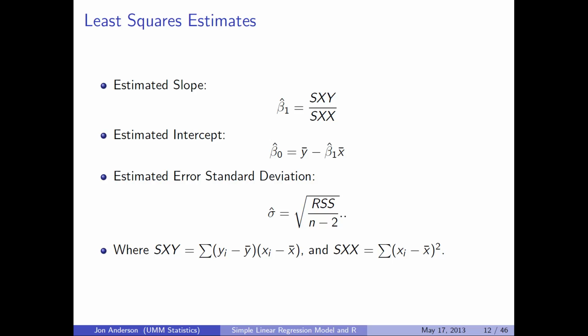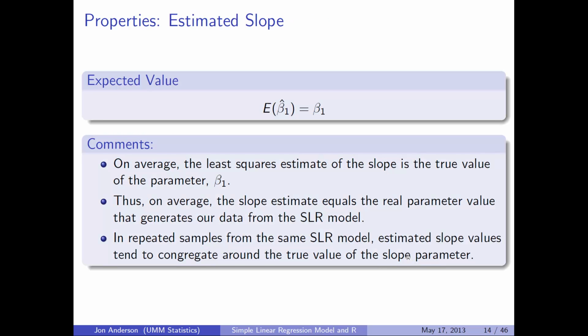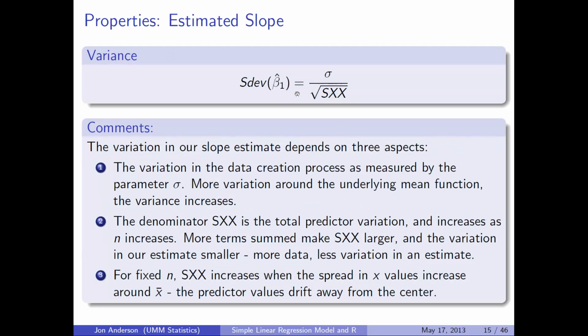In other words, when there's more data values, this sum of little positive contributions gets bigger. So more data will make this bigger, and so therefore more data will reduce the variation in the estimate. That makes sense, I think. More information should produce less variable estimates. But you'll notice there's a spread issue, and that as the predictor values spread out away from their average more and more and more, you get a more precise estimate of the tilt or the slope. I think that also makes sense as well.